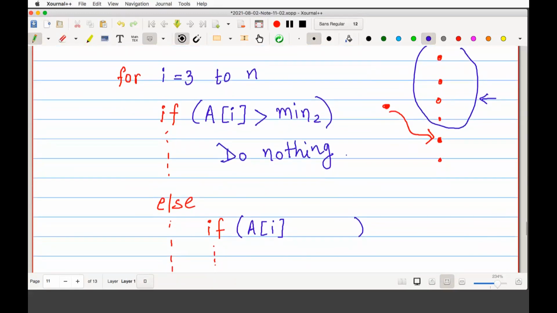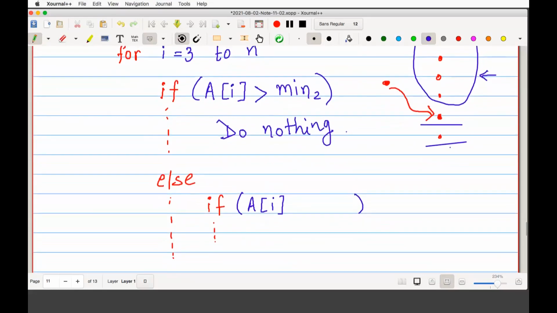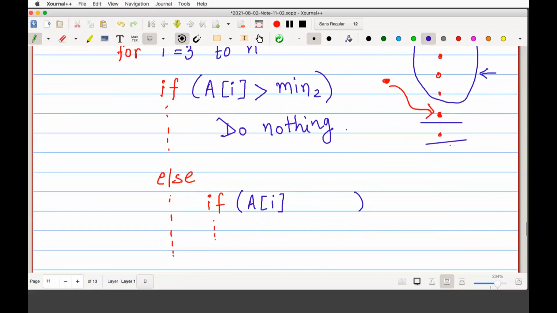And suppose that's not true. Suppose Ai is less than min 2, right? That means Ai could be here or it could be here. We don't know where, but it's somewhere below min 2. So in that case, what should we do? Anyone? Compare it with min 1, and if it's less than min 1, then change it.